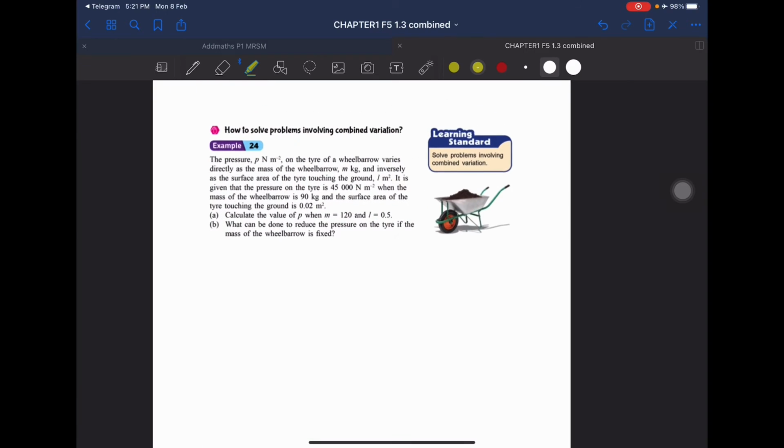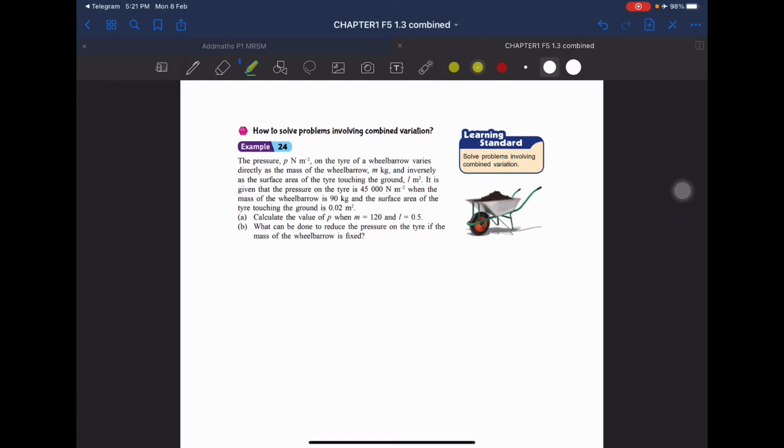Now we proceed with the next learning standard, which is solve problems involving combined variation. So we have example 24. The pressure P varies directly as the mass of the wheelbarrow m kg and inversely as the surface area of the tire touching the ground.